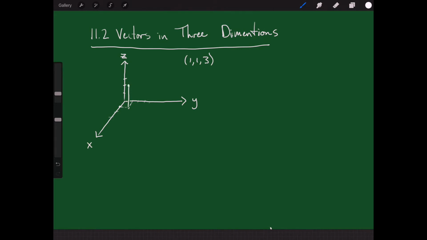Three in the z direction, and we get our point right here, which is (1, 1, 3). Okay, so just the same as the xy plane, we're just adding a third direction.